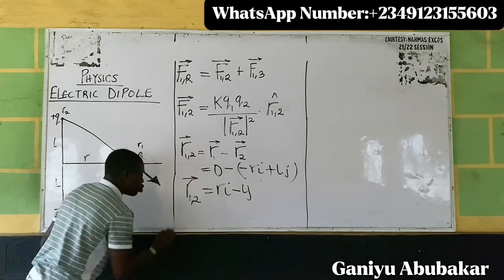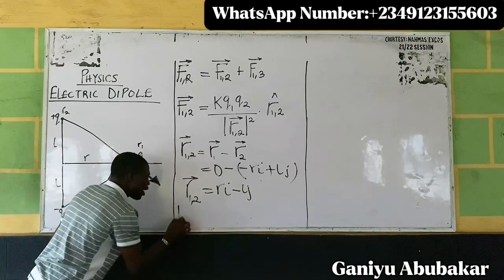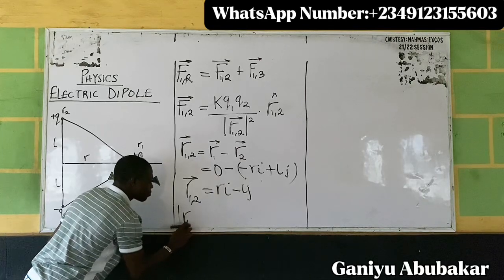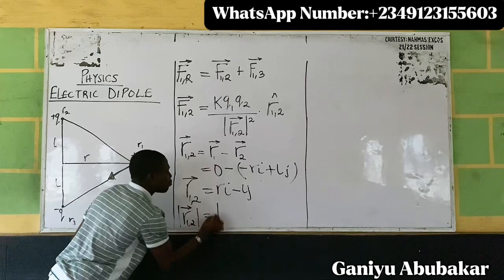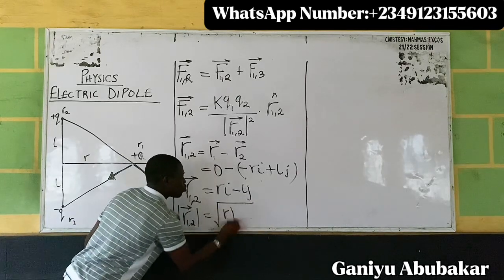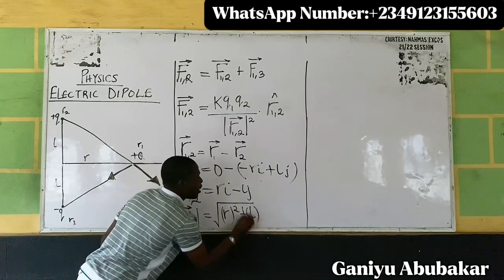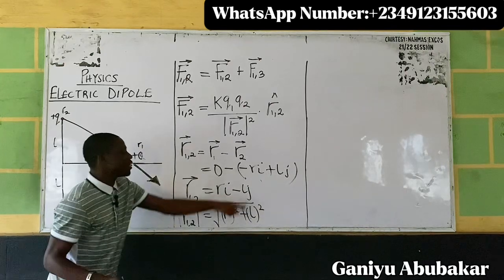Let's get the magnitude of R12. The magnitude of R12 is equal to the square root of R squared plus L squared. Each of the terms I have it.